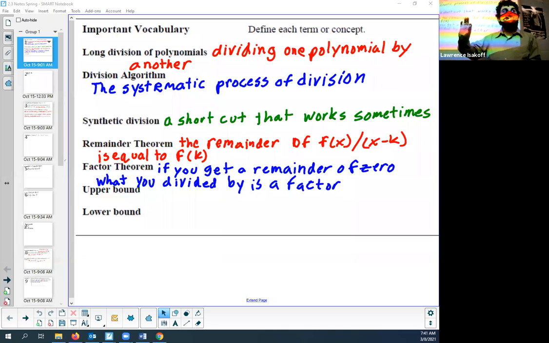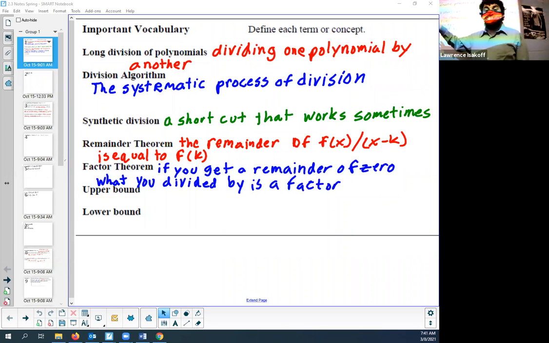We're going to review the process of long division with just numbers before we deal with polynomials. Whether we're dealing with variables or numbers, the process is unchanged. With variables it might get a little tough, a little confusing. That does add a layer of complexity, but the process is unchanged.